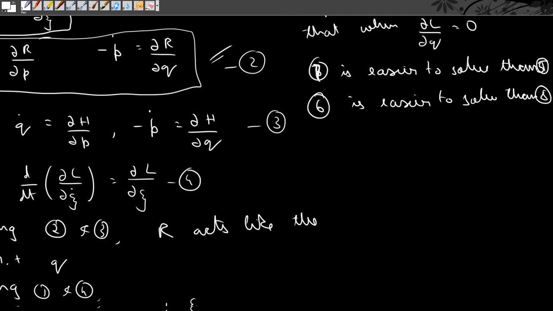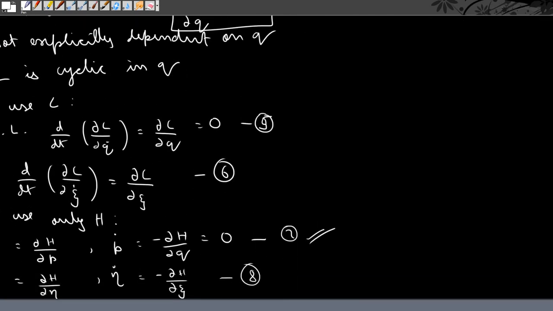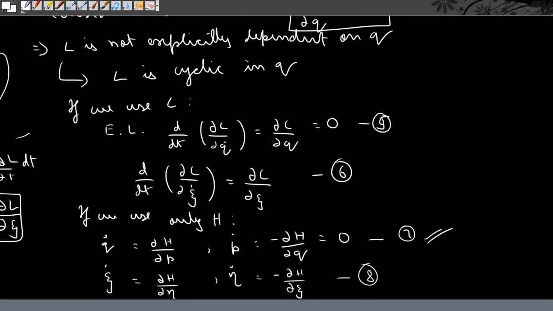Okay, what this means is that if we observe these equations, since this is equal to 0, we have this particular relation.